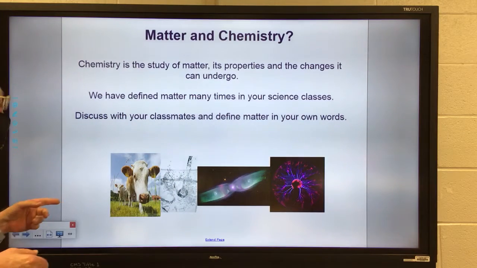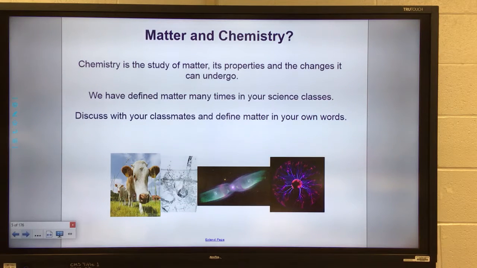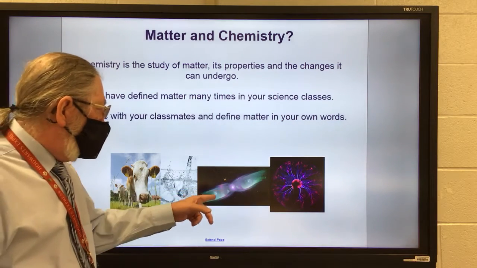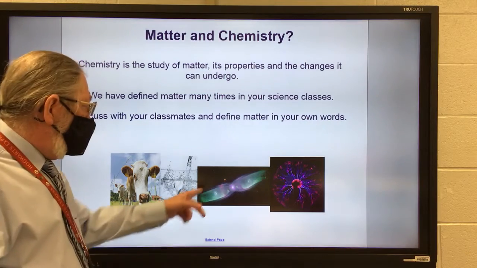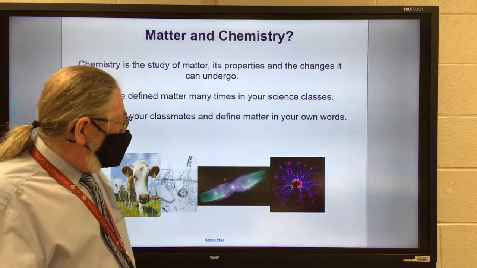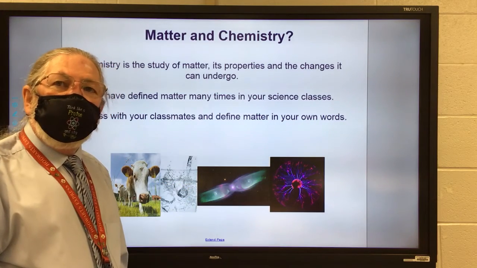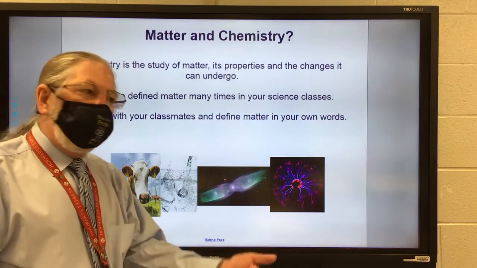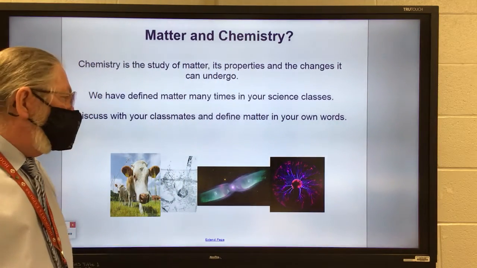So how about this cow right here? Is that cow matter? No. Yes, it is matter. How about this right here? Do you know what this is? Something in space. So you see all the stars around it. And then what's this right here? Is that a moon?